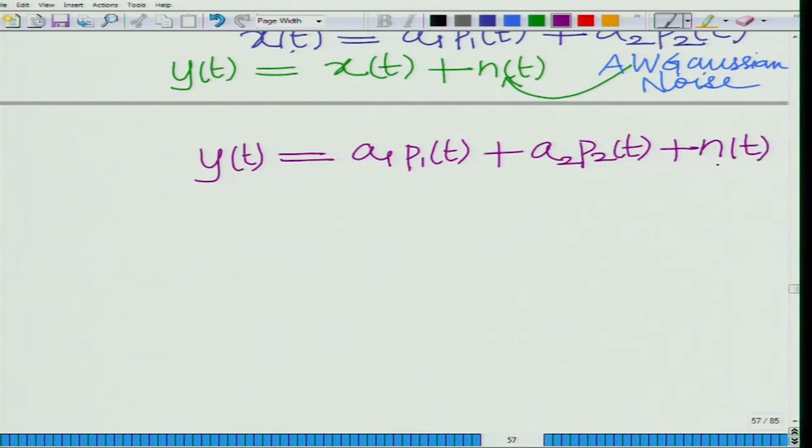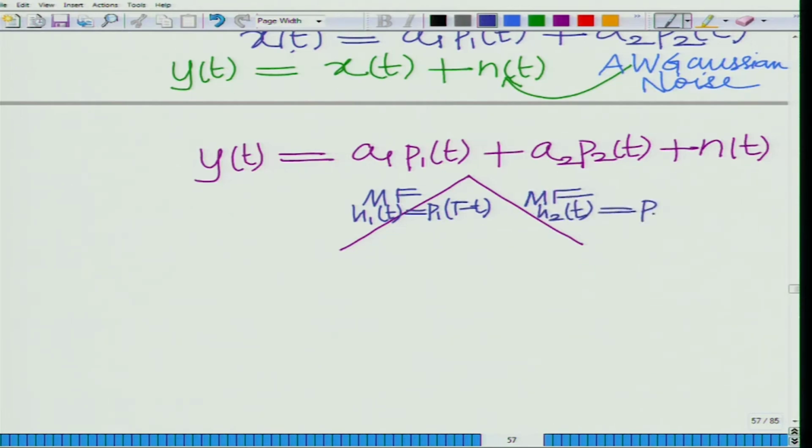And now I have to matched filter, similar to QPSK, QAM, etc., with both h1(t) equals P1(T minus t) followed by sampling at T, and matched filter also with h2(t) equals P2(T minus t), okay. Because P1 and P2, the pulses, are orthogonal, this one will give us A1 times EP plus N1 tilde, where EP equals 1, the energy of the pulse.